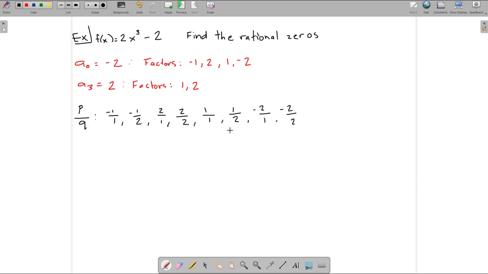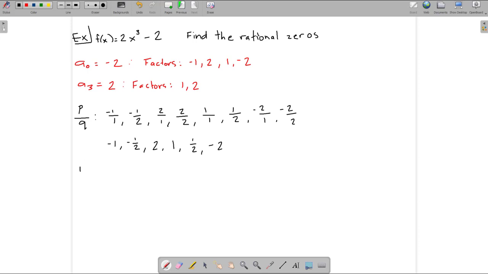It's looking like we will end up with it because some of these will reduce to the same thing. So reducing them, I get negative 1, I get negative a half, 2, 1. This one also gives me 1. This one will give me positive 1 half. This will give me my negative 2. And then this one will also give me negative 1. So I have those covered already. So this should be a complete list of all of the zeros that I need to check.